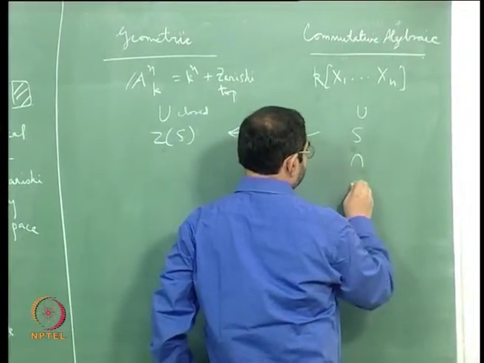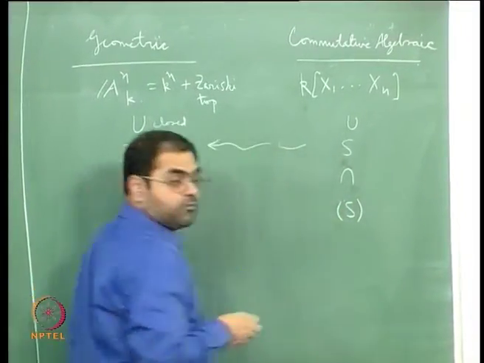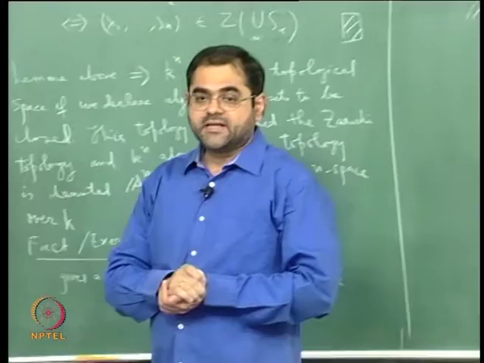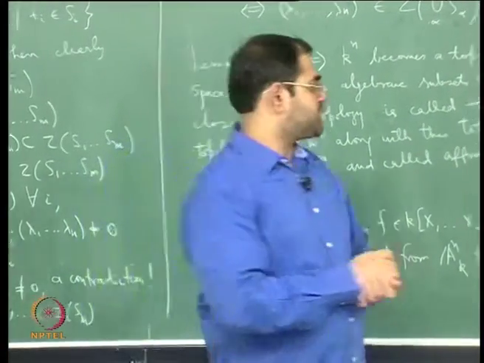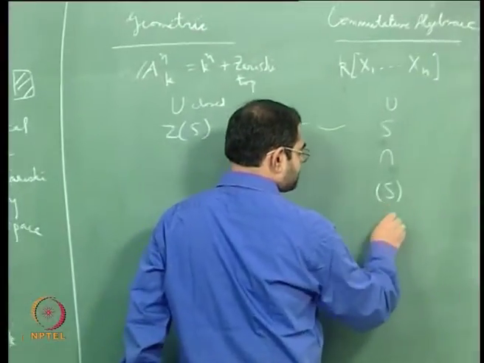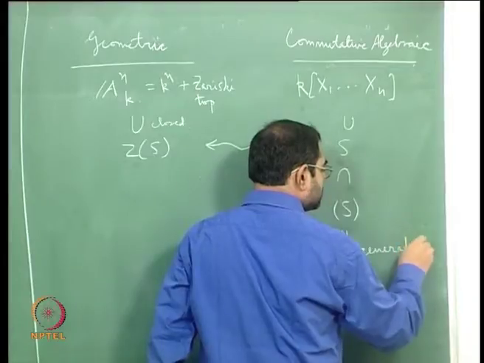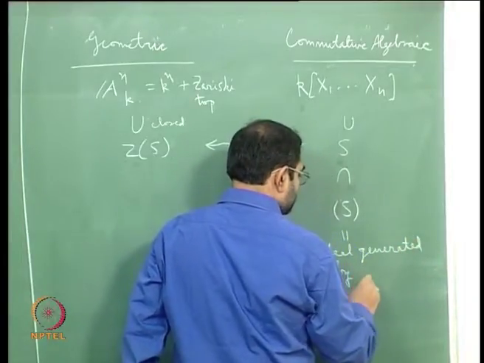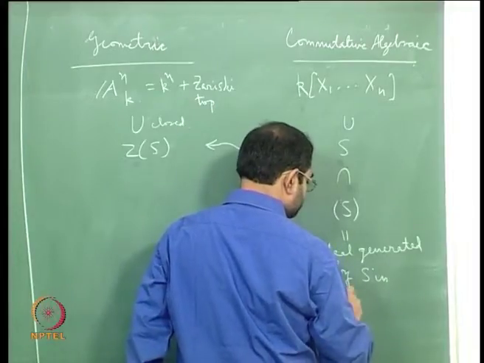Let me use the following notation. I will put S with a round bracket, and S with a round bracket means the ideal generated by S, in this polynomial ring.